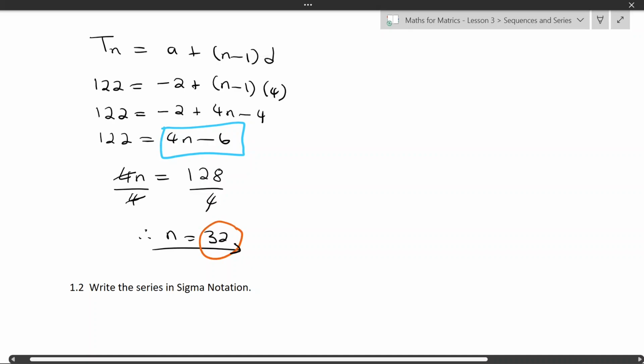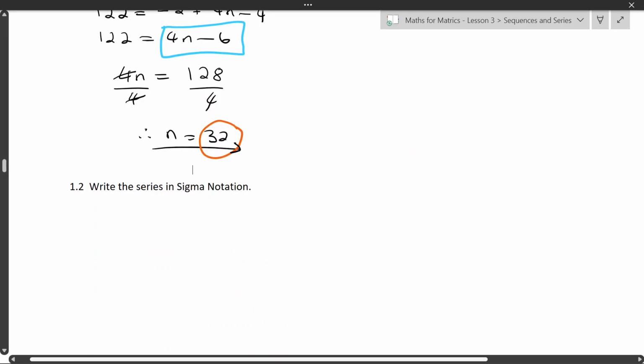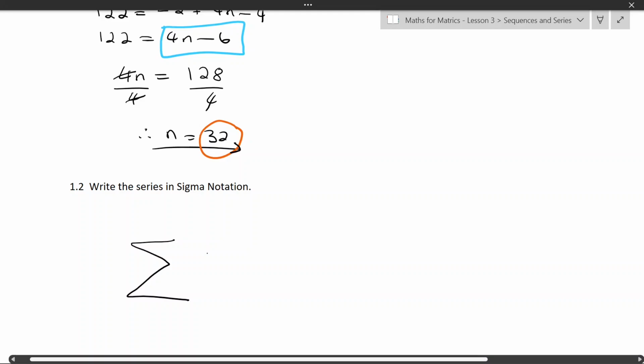Now, let's write the summation symbol. And now let's write the general term. I'm using the letter k as a variable for the index of summation so that we don't confuse it with the number of terms.